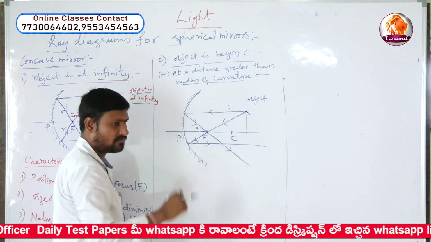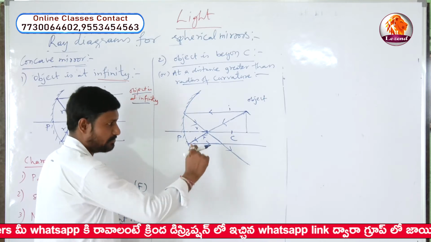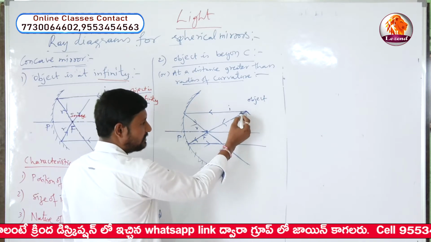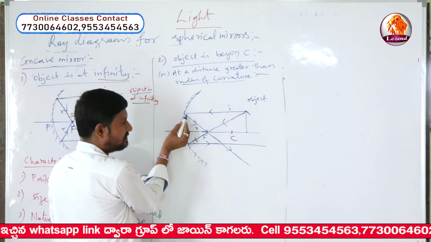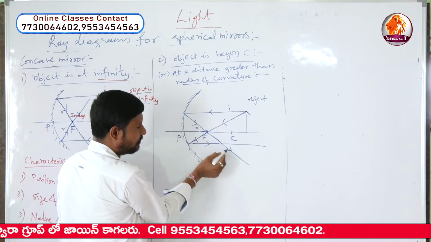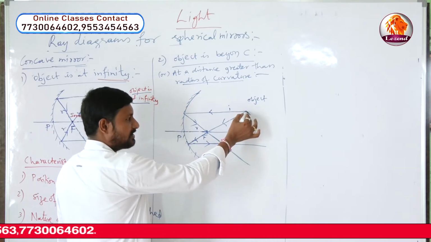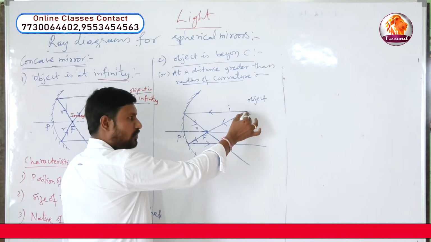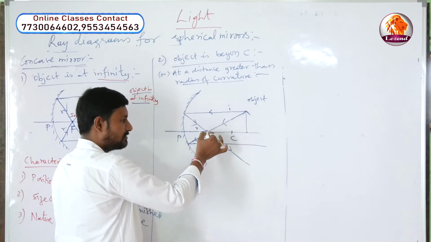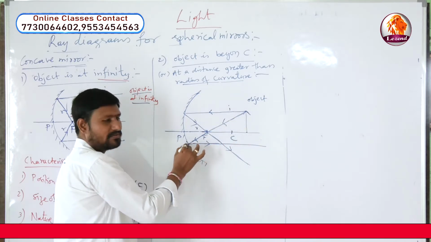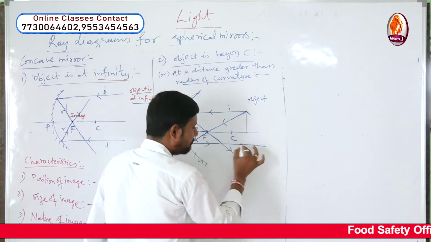Now where is the image formed? From this diagram, repeating, let us see now. One light ray traveling parallel to the principal axis, after reflection passes through the focus. This is the first rule. And the second rule: the second light ray we take from the same point, traveling through the focus, and after reflection travels parallel to the principal axis.